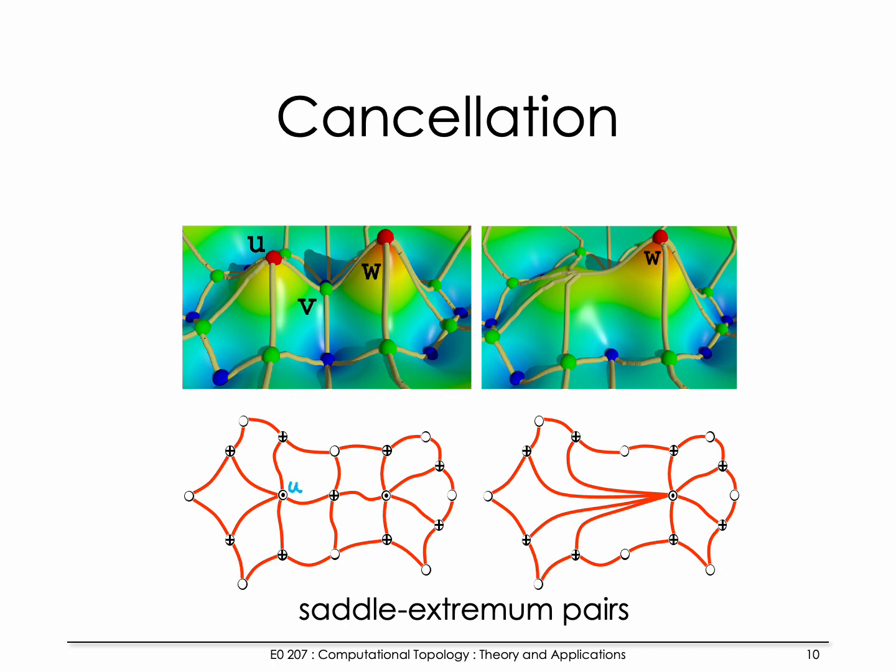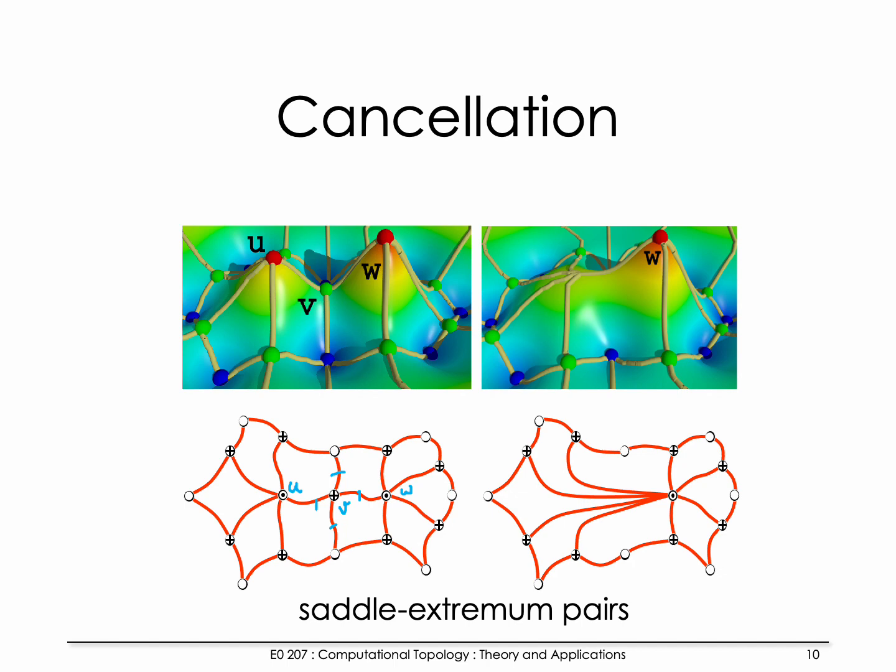So you have the maxima U and W, and you have a saddle which is V, and you are cancelling the critical point pair UV. So the cancellation essentially updates the combinatorial structure by removing all the arcs that are incident on the saddle, right?